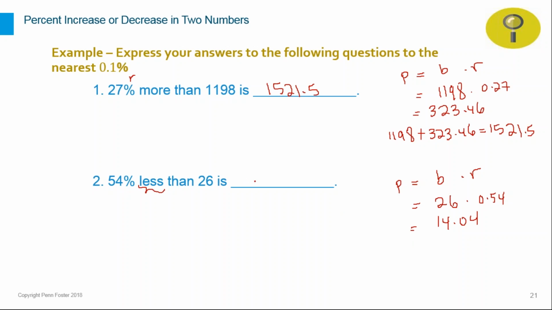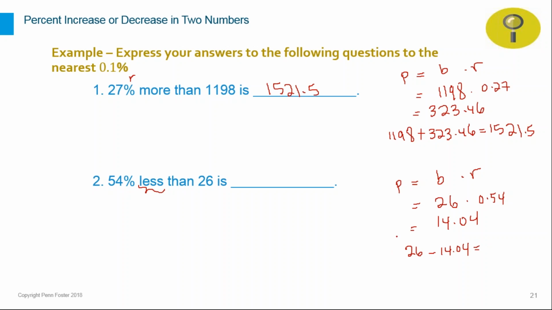So the initial value is 26, and I'm going to subtract 14.04, and that will give me the answer.